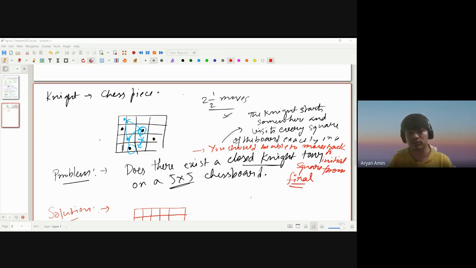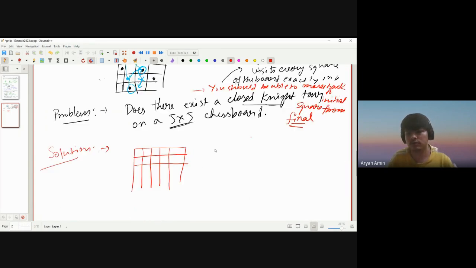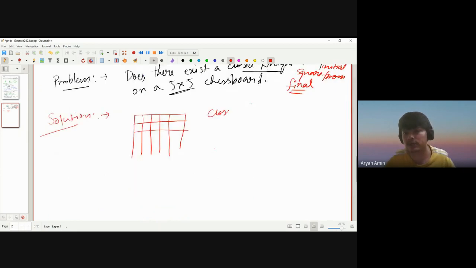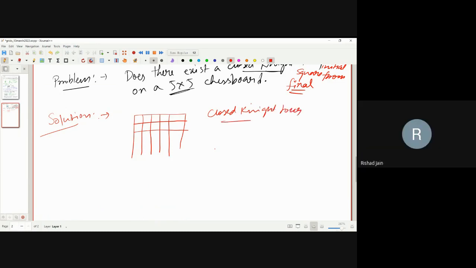Okay, so what he said was, I'll just define the closed knight tour again. Is this not somewhat similar to how we define a cycle in graph theory? We choose a point and then we are supposed to go back to the initial point.